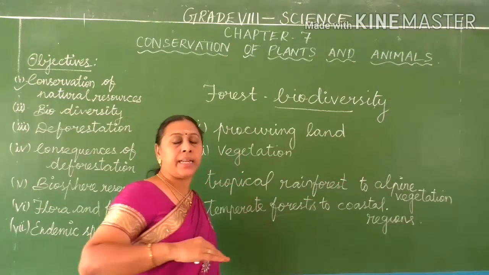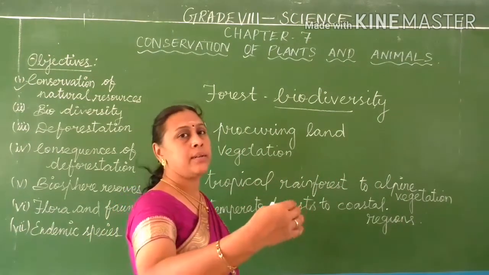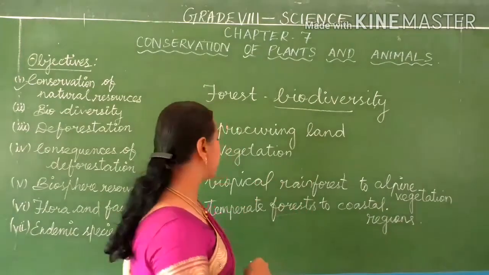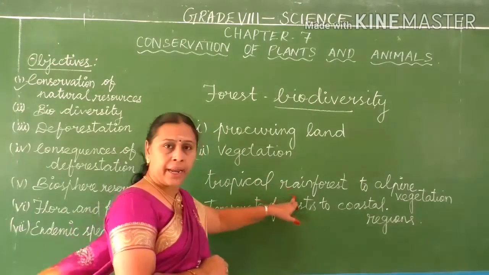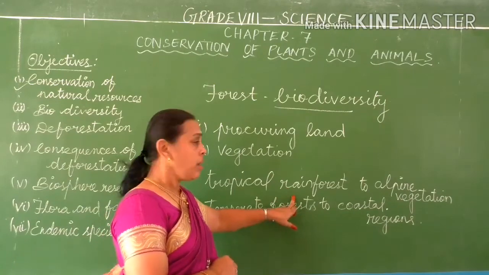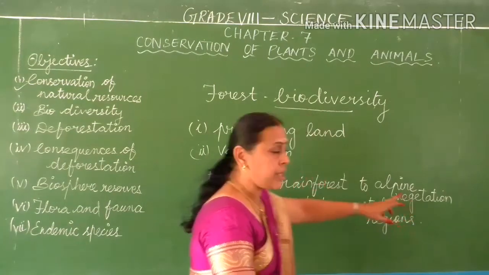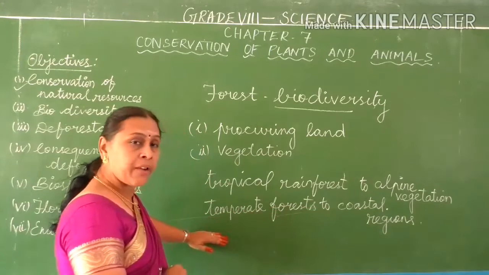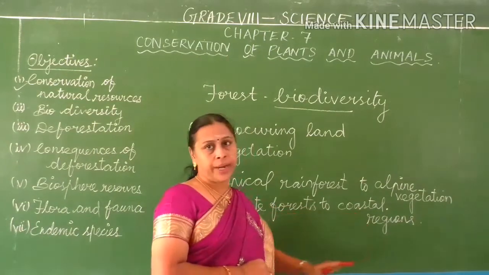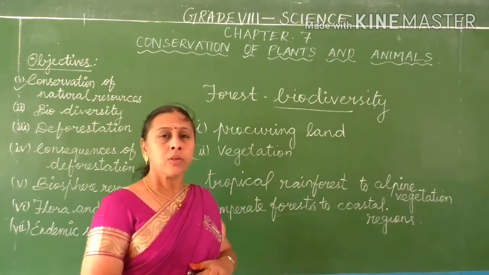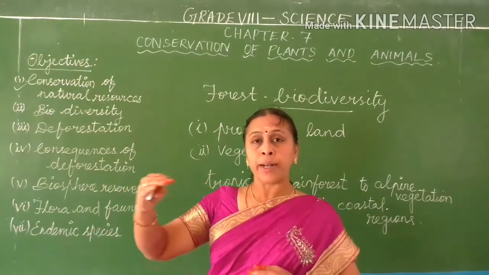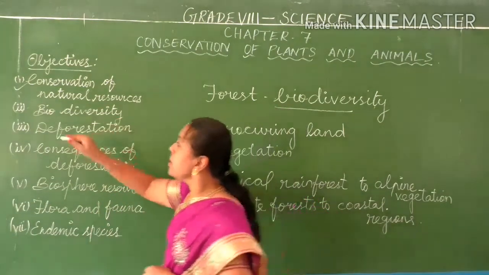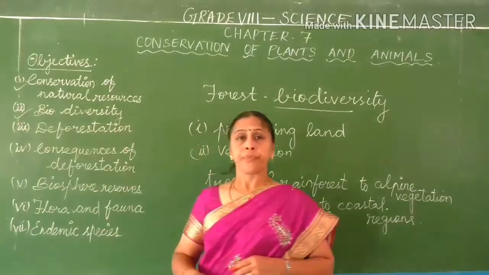Its diversity, variety of living places and variety of living organisms, is seen from tropical rainforest to alpine vegetation, then from temperate forest to coastal regions. So like this, the variety of biodiversity differs in our country.